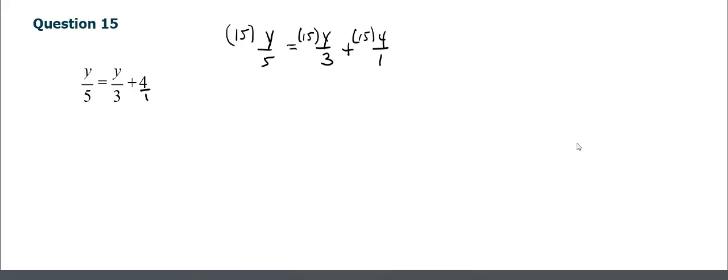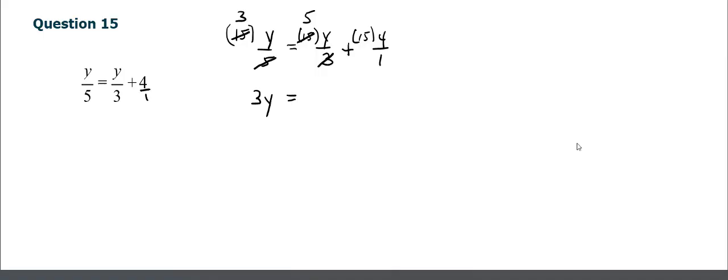So instead of multiplying first and then reducing, I prefer and I recommend reducing first. So 5 goes into 15 3 times. So this would leave me with 3 times y, which is 3y. Next, I reduce the 3 and the 15, so 3 goes in 15 5 times.